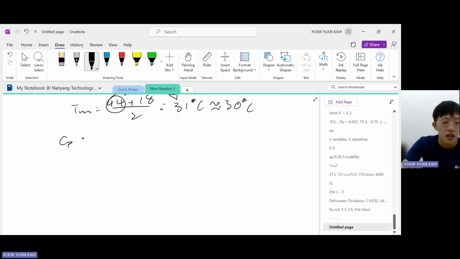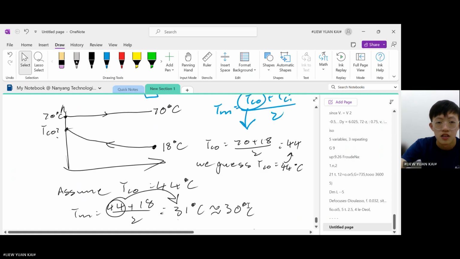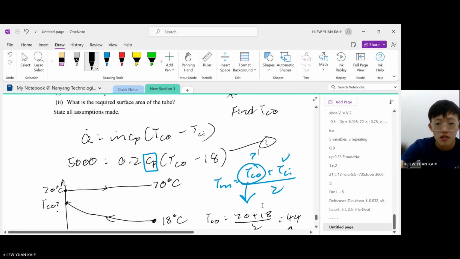CP at T equals 30 degrees Celsius. You find this on your property table, and you should get 4178 joules per kilogram per Kelvin. Then you sub this value, so sub CP equals 4178 into the first equation, so sub it into 1.